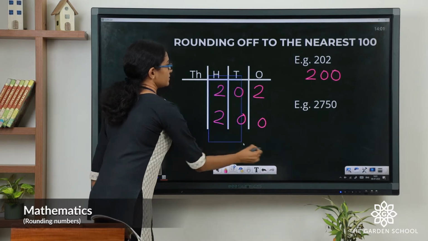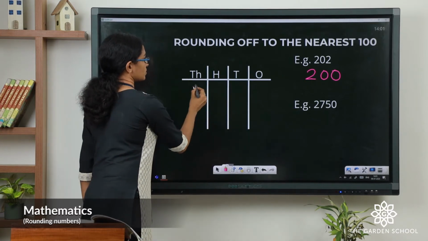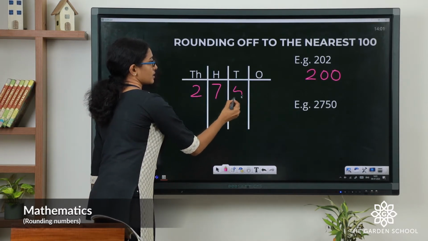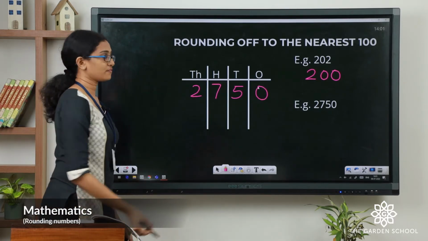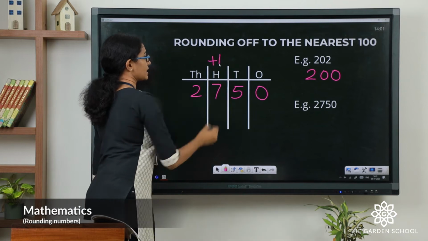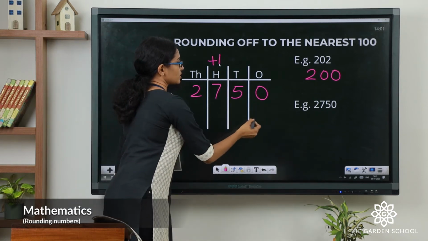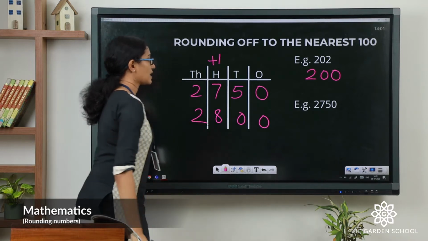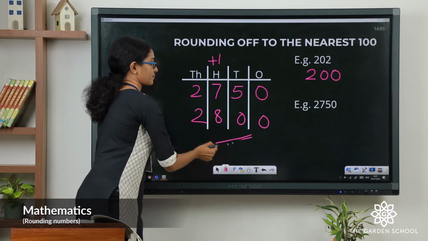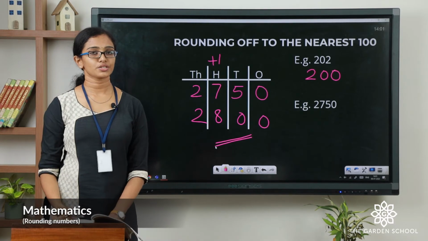Let's see the next one. 2750. Here in the tens place you have 5. So, let's add 1 to the hundreds place and change these two digits to 0. So, that will make this one 2800. I hope this is clear to you.